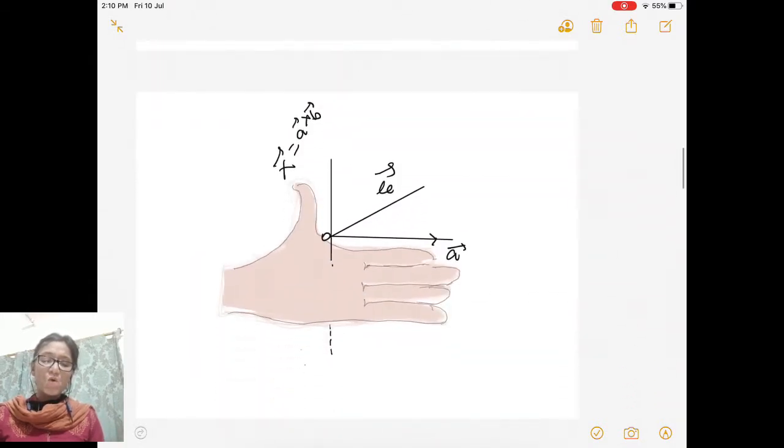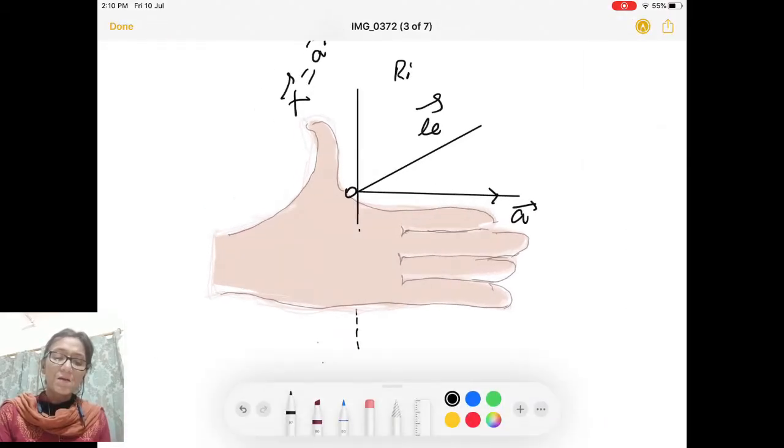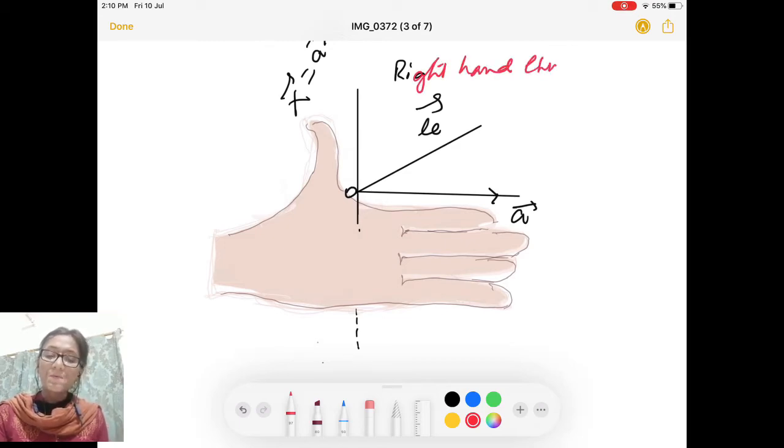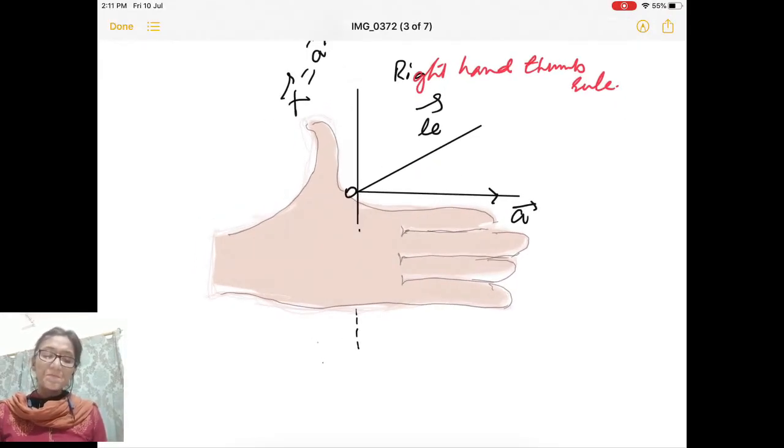Now there is one more rule for the direction of the vector product of two vectors, that is called the right hand thumb rule. Here you have two vectors A and B, and you have to find the vector product.